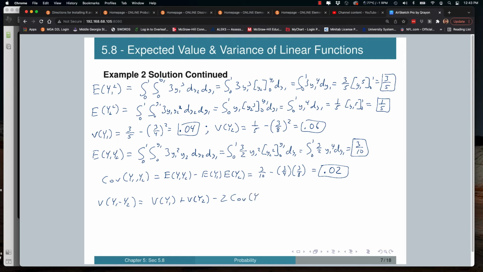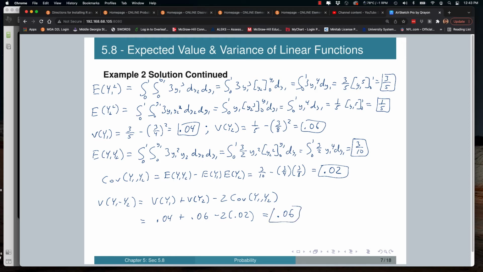All the major work, as I've shown you, is done in the beginning. Plugging in, we've got 0.04 for the variance of y sub 1, plus 0.06, minus 2 times the covariance of y sub 1 and y sub 2, which is 0.02. That gives us just 0.06 for the variance of y sub 1 minus y sub 2.